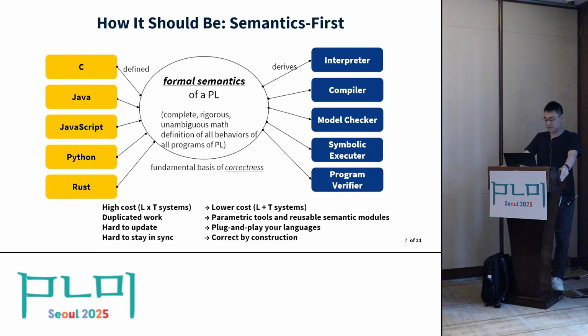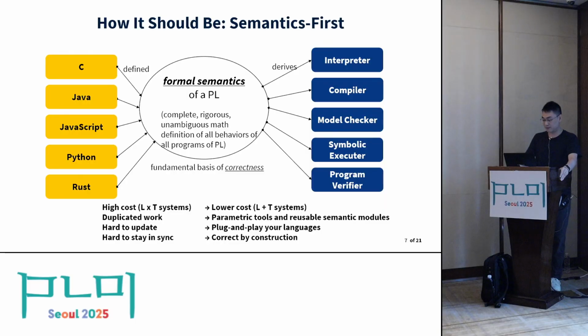And finally, because tools are parametric in the formal semantics, they are automatically in sync. For example, interpreter and compiler here are based on exactly the same formal semantics of the language. So they're correct by construction.